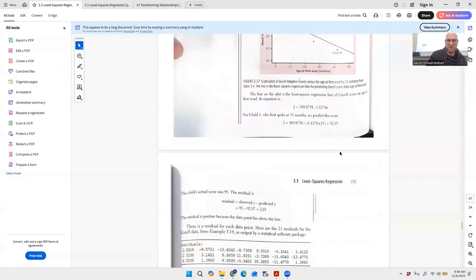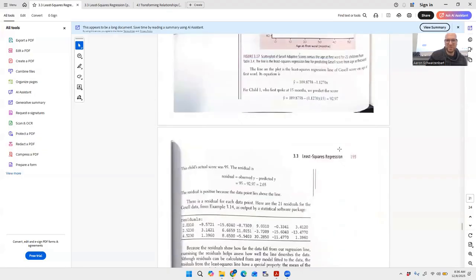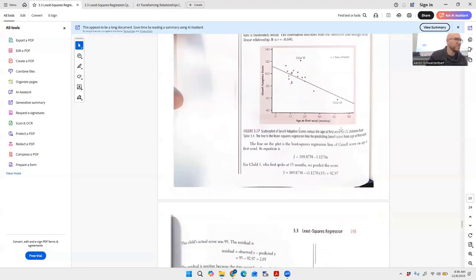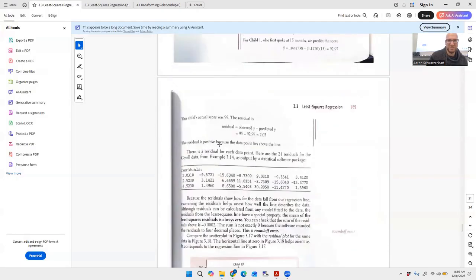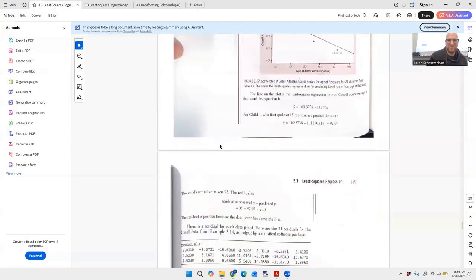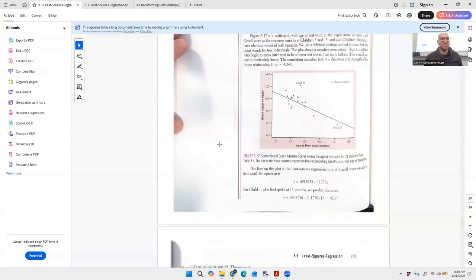Child 18 is what we call an influential observation, because it's not quite an outlier. It's an outlier in the x direction. So influential observation means outlier in the x direction. It will drag the line towards it massively.